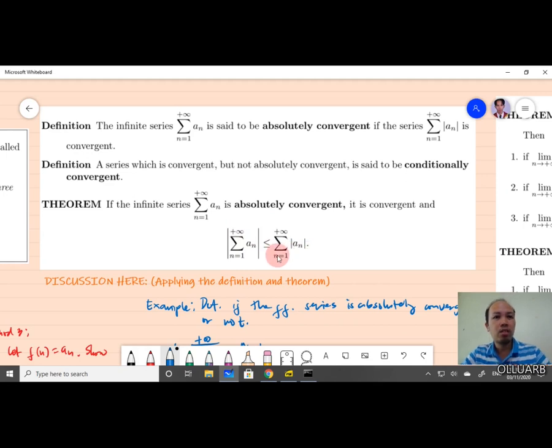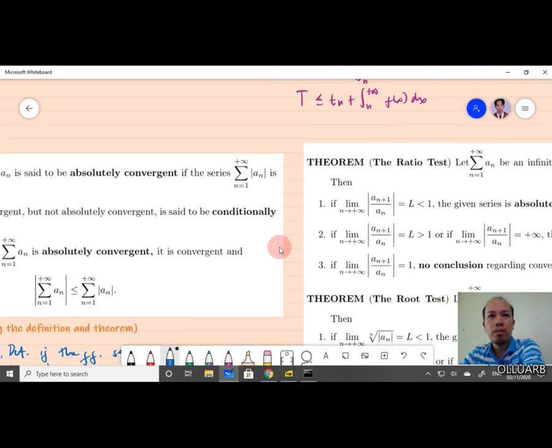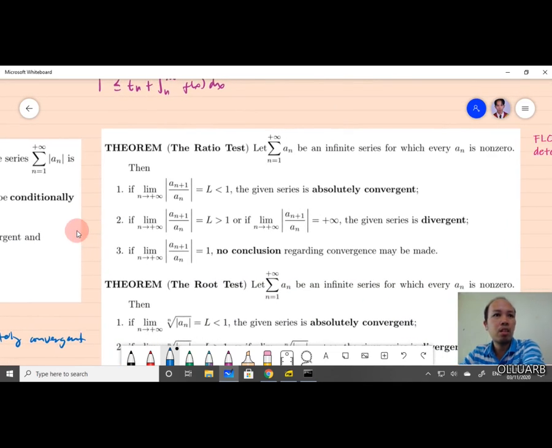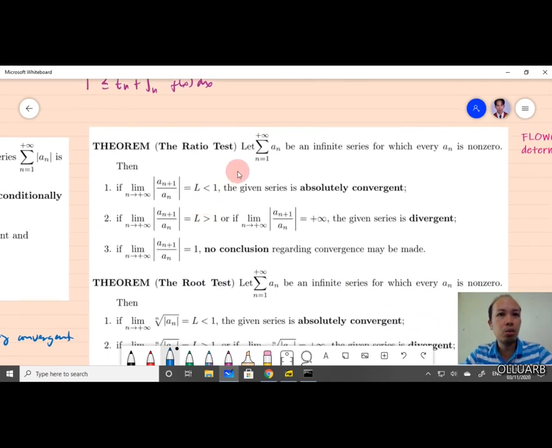Okay, so this is how beautiful the definition of absolute convergence is. So this is the ratio test. As you can see here, this test is used to show that the given series is absolutely convergent or not, without using the definition.